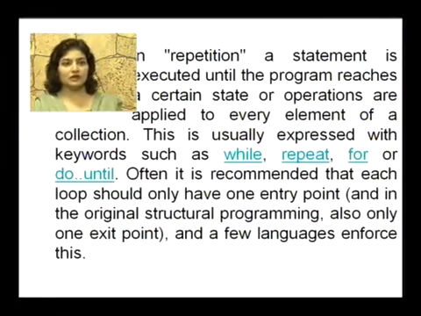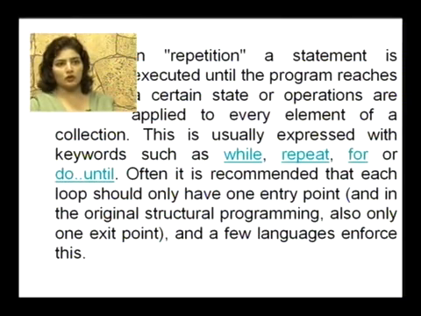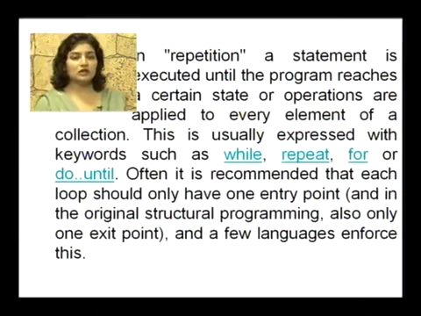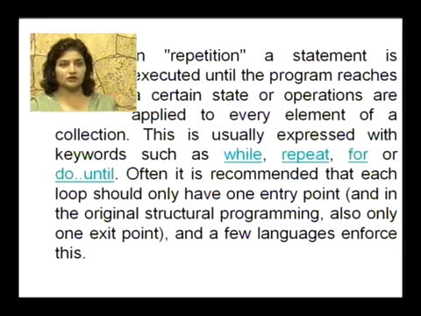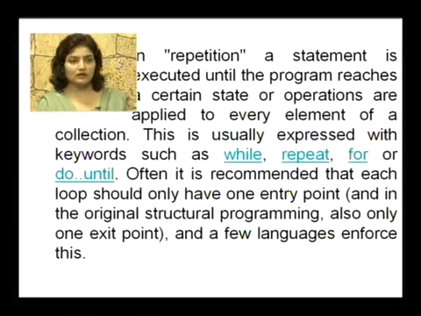The same statement, that is print, whatever the variable is, has to be repeated for all the numbers. So one statement is written and this statement is repeated every time till the operation is applied to every element of the collection. This is known as repetition. The examples of it are while, repeat, for, or do until. These are the examples that we'll be studying further.